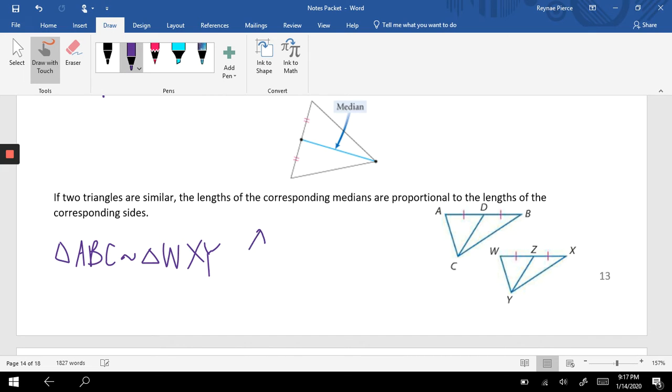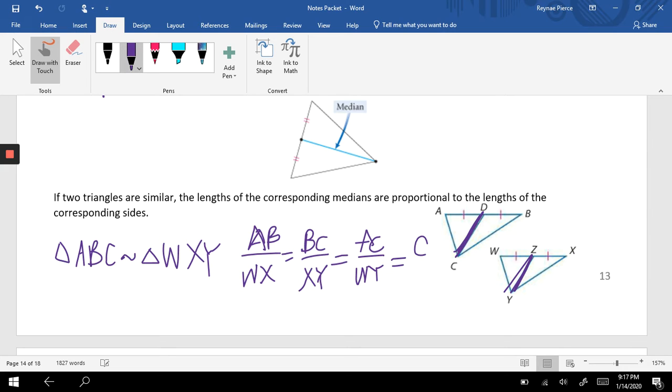And whatever ratio the side lengths are in, so AB to WX, BC to XY, and AC to WY, we can now include these medians in that proportion as well. So CB and YZ.